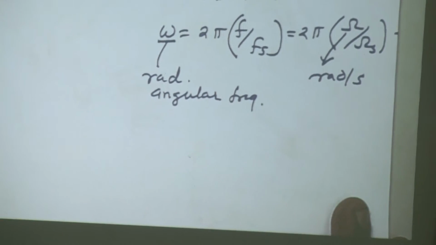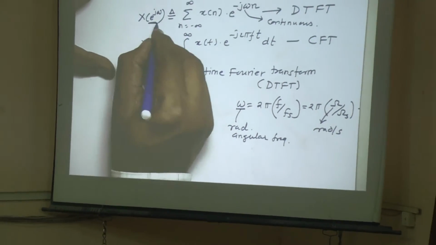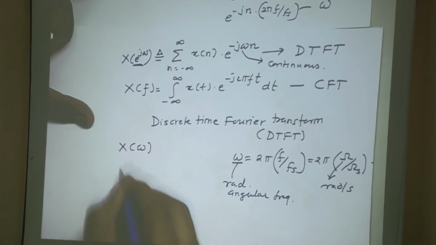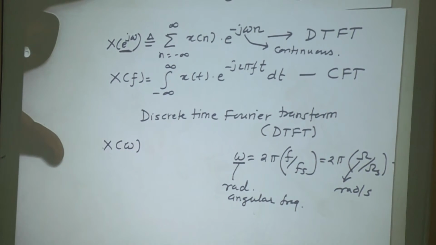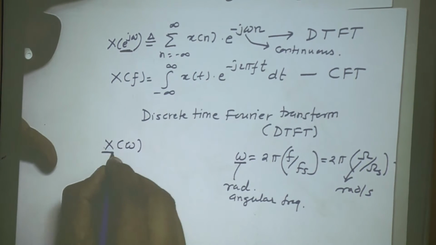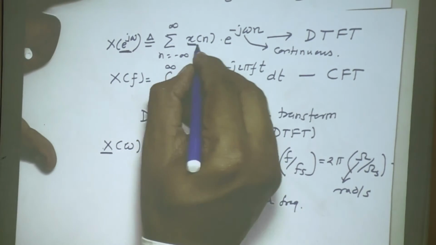See, a very important point: why is it represented by X of e to the power j omega? I could well have written this as X of omega. Nobody would have stopped me from defining it like this. It is in fact a function of omega. Please note that the left hand side is capital X, the right hand side is small x.